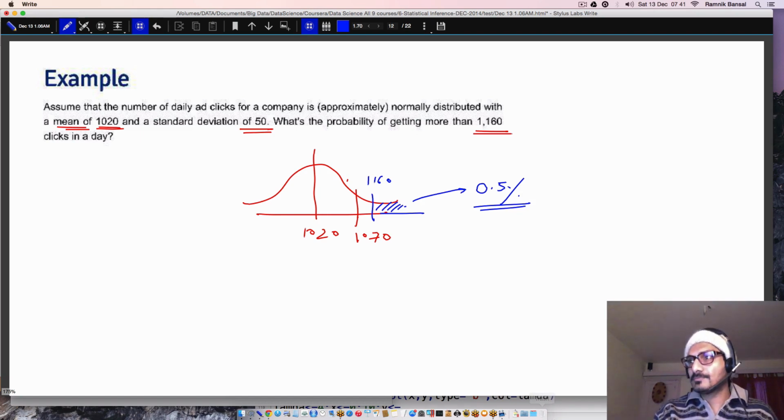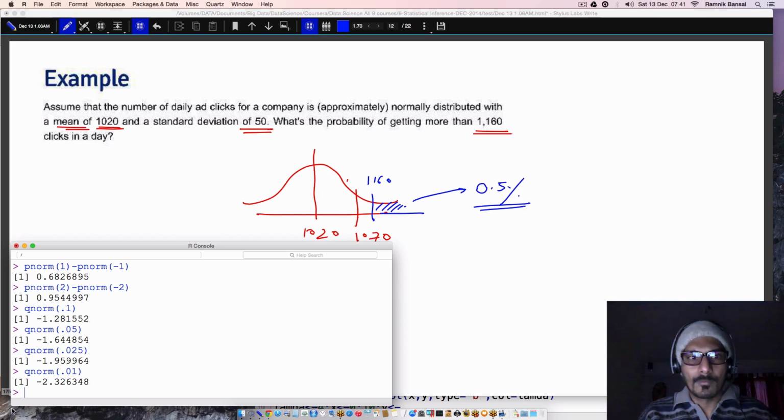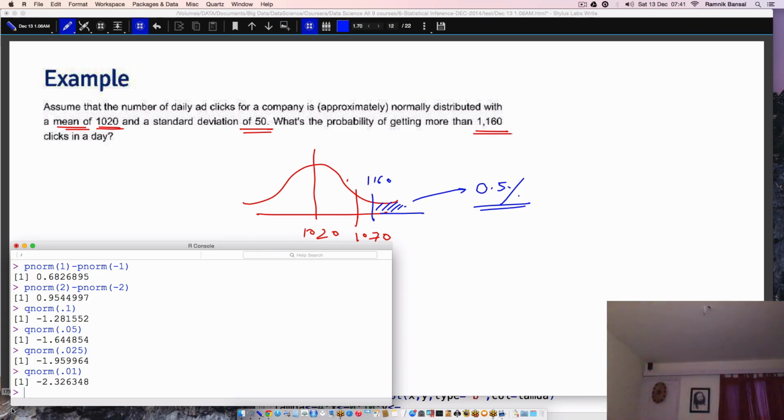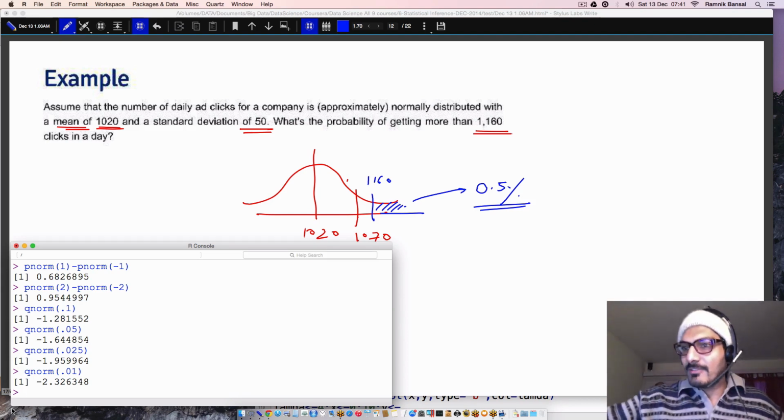So what formula do we use? Tell me, what R formula can I use? Just a second. So what R formula will we use here?